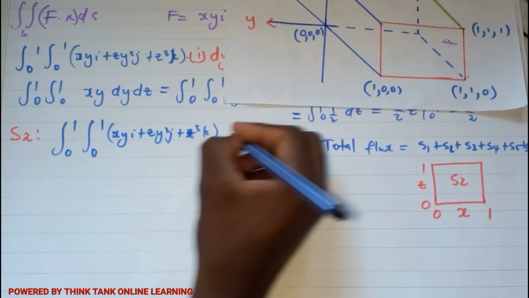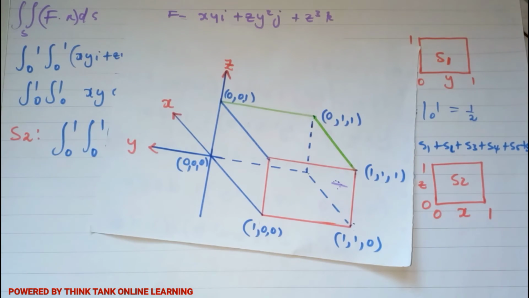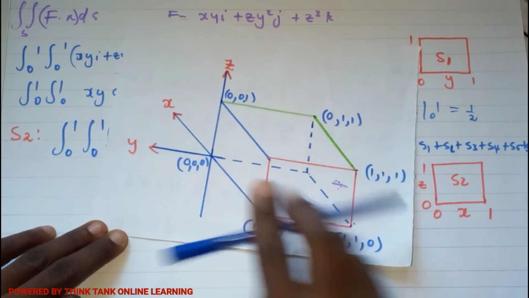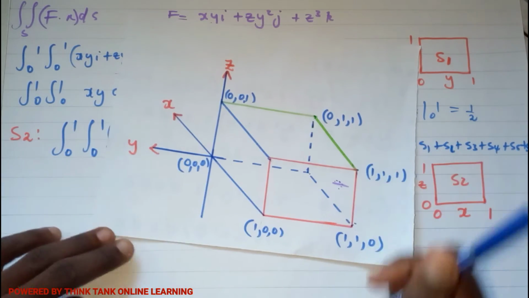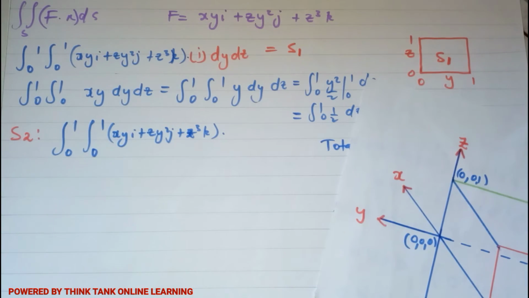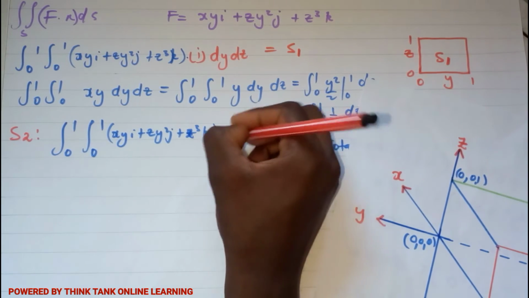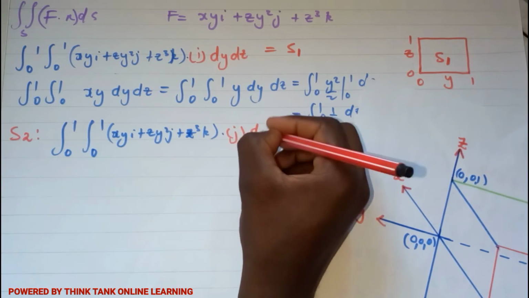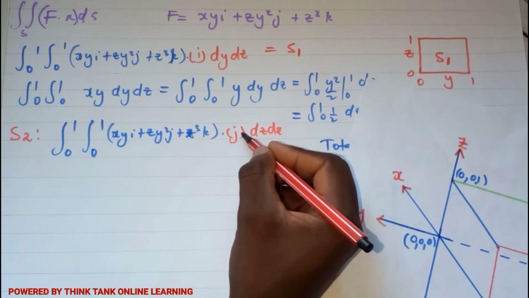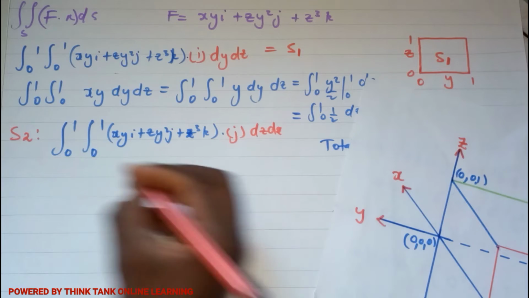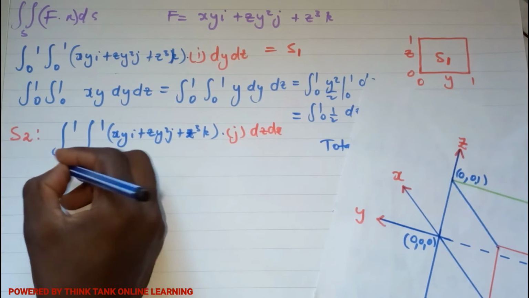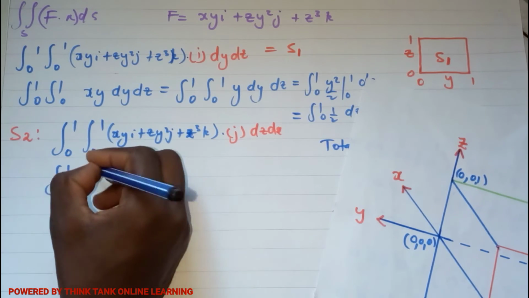For the normal, the outward normal is in this direction, which is perpendicular to this surface, and it's in the positive y direction. So the vector notation for y is j, positive, and we have dz dx. The i component is 0, the k component is 0. So here we're going to have the integral from 0 to 1, 0 to 1.